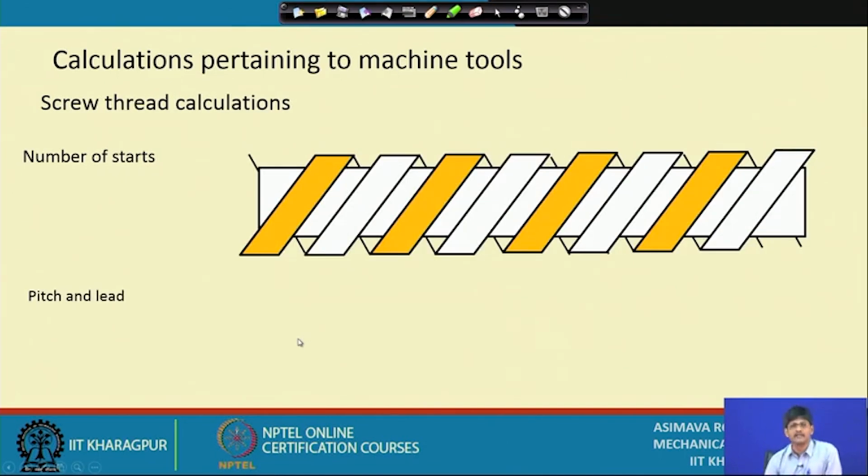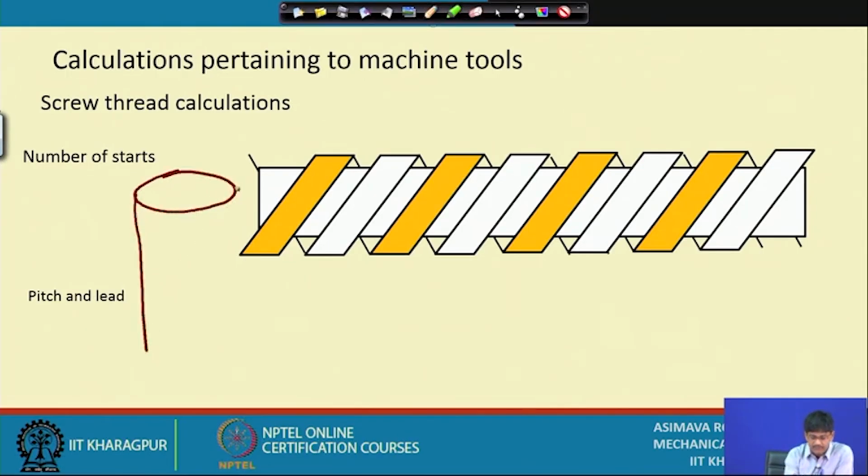This is a threaded element. What is the meaning of a threaded element? It means that on the circumference of a cylinder, the outer wall of a cylinder, suppose I am climbing up. You have all seen a spiral stairway, maybe all of you have visited places like the Qutub Minar.